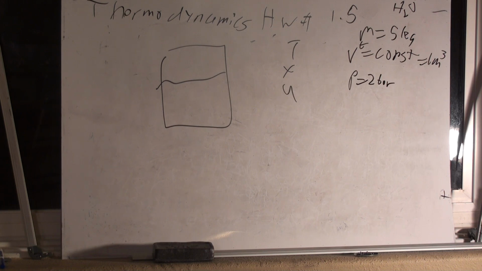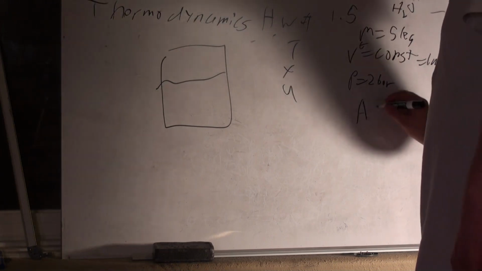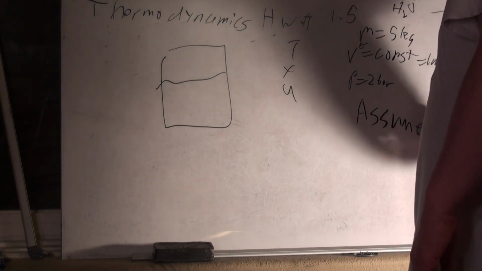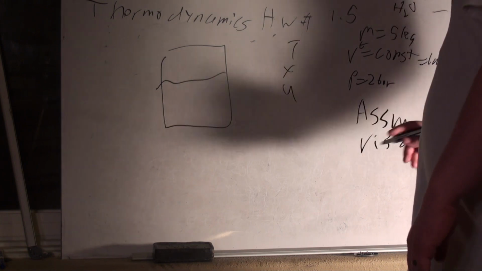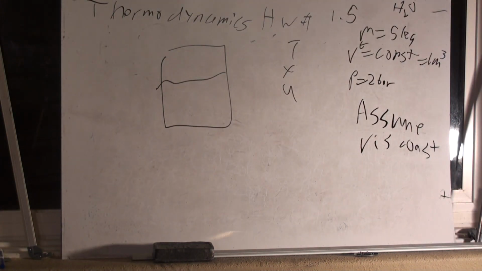But how do we know the volume is constant? We don't actually know. We are assuming it, so we also need to write down our assumptions. Assume that volume is constant. Where does that assumption stem from? It stems from it being a rigid container.